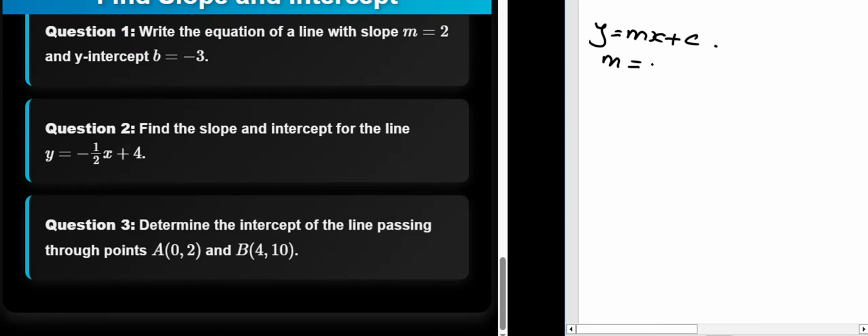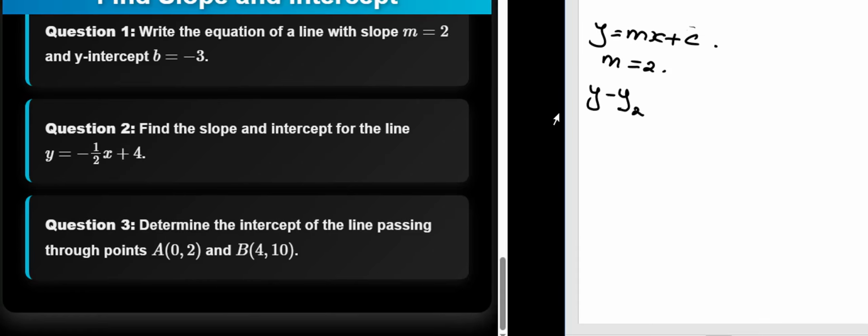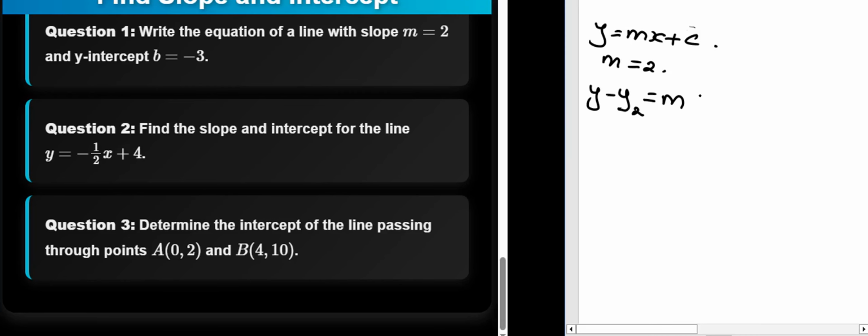To get c, or b, or whatever letter you put here to represent the y-intercept, I can say y minus y2, in this case, because we are dealing with the values of B, is equal to m into x minus x2.